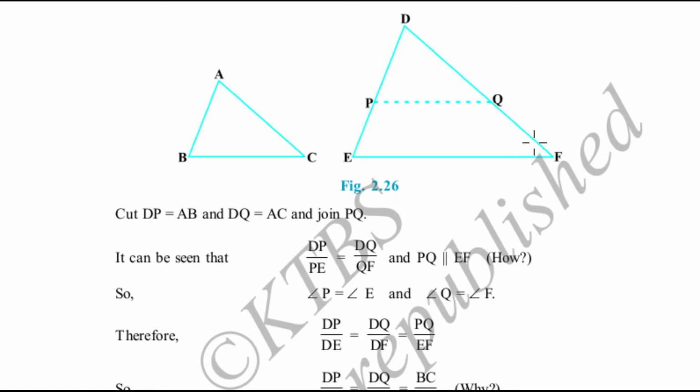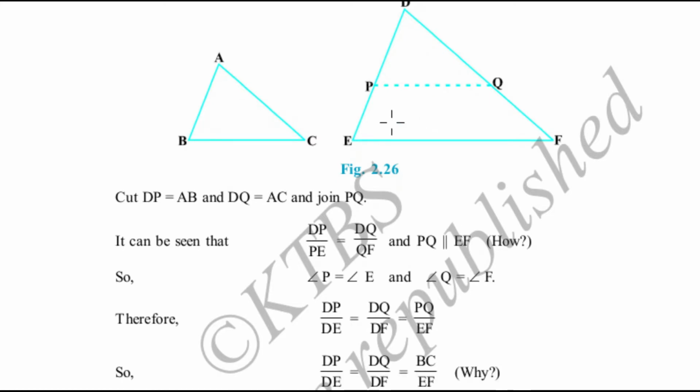Therefore, the ratio of DP by DE is equal to DQ by DF is equal to PQ by EF. In the next step, we are replacing the length of PQ by BC, since the length of PQ is equal to the length of BC.